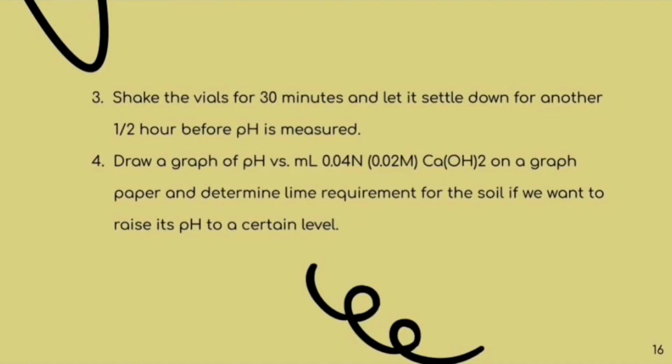Next, shake the vials for 30 minutes and let them settle for another 30 minutes before pH is measured. Draw a graph of pH versus ml 0.04 and 0.02 M calcium hydroxide on graph paper and determine the lime requirement for the soil if we want to raise its pH to a certain level.